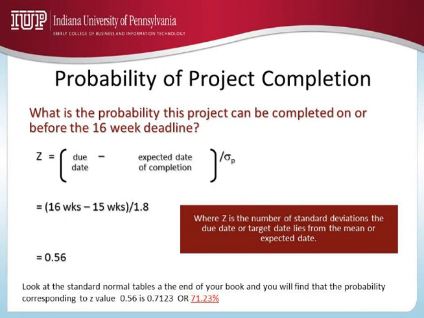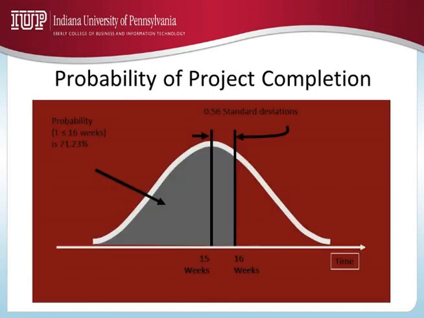So it will be 1.8 times 1.65 plus 15 weeks. That will be the ideal deadline if you want to be done with a 95% confidence. Okay, this is showing probability of project completion within 16 weeks, like we discussed earlier.